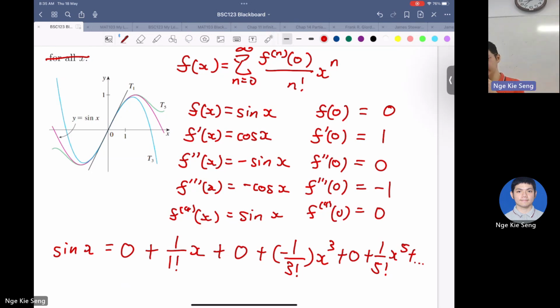What can you see here? The even terms disappeared. Only the odd degree terms stay.